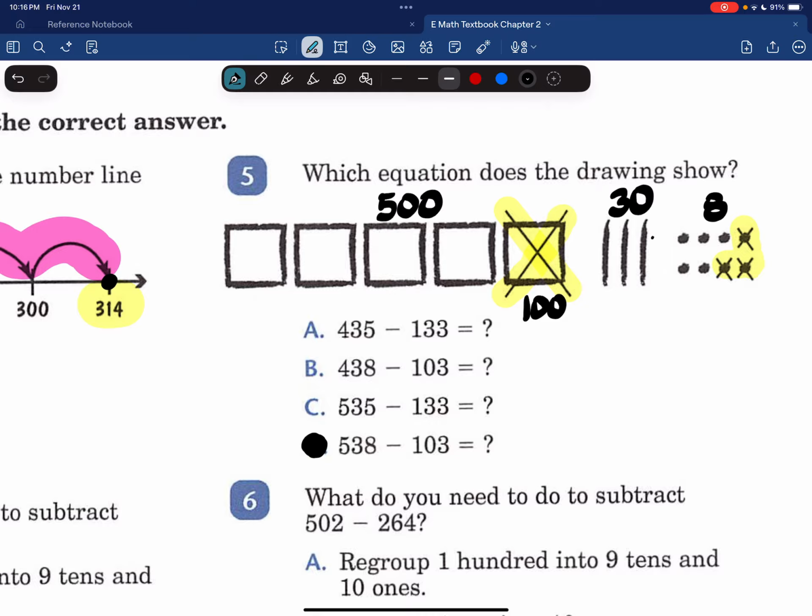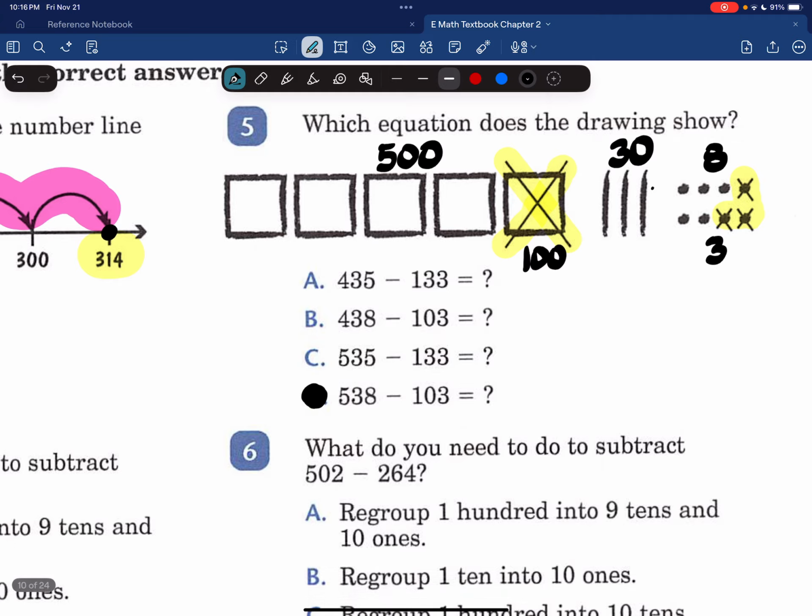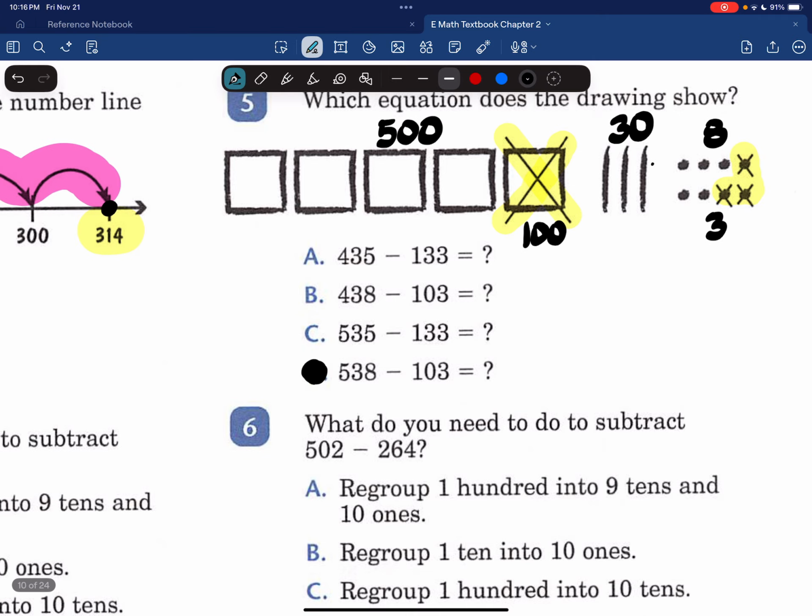So there's your 103. So you have 538 minus 103. And you do not have to solve it. You just have to be able to read that model. And that's where you need to know your flats, rods, and cubes.